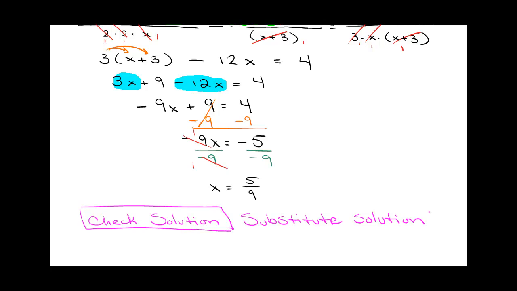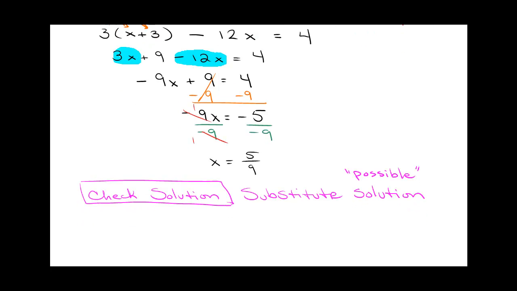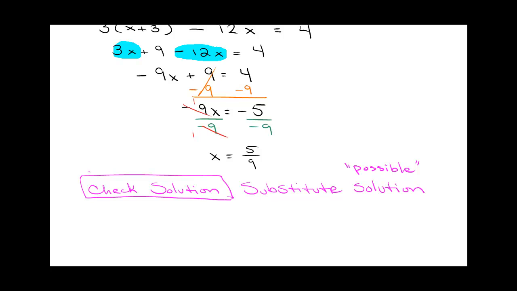We should call this a possible solution, because it might turn out that the solution might not work. So we'll say substitute possible solution into original equation.